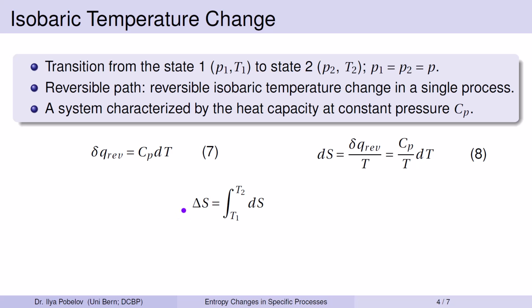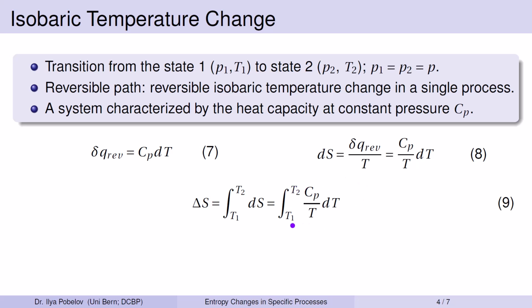To obtain the total entropy change, delta S, between our two states, we integrate dS with respect to temperature from T1 to T2. That means integrate Cp over T times dT from T1 to T2.